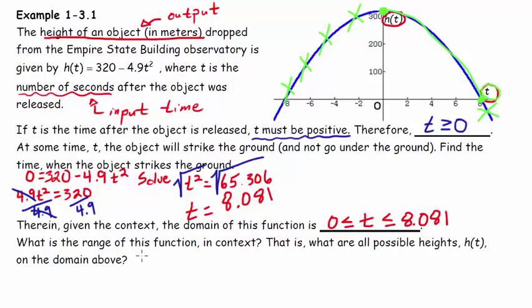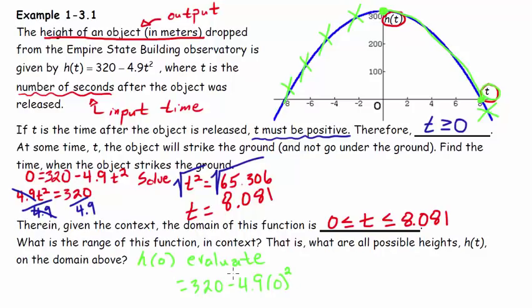So we want to find h of 0, which is an evaluate. So I'm just going to plug in 0 here. So this is going to be 320 minus 4.9 times 0 squared.